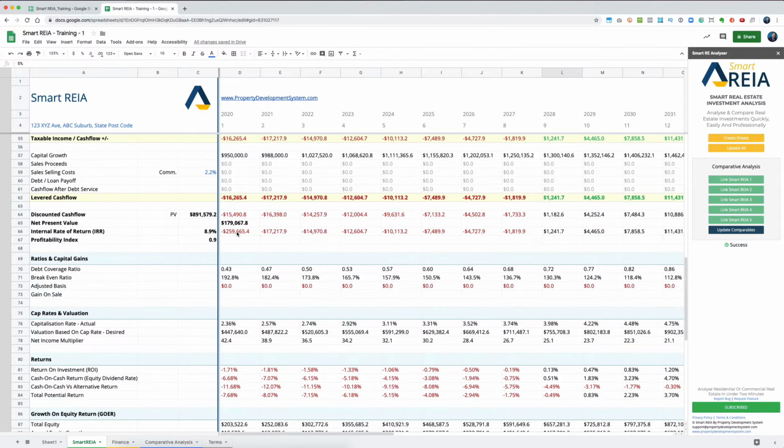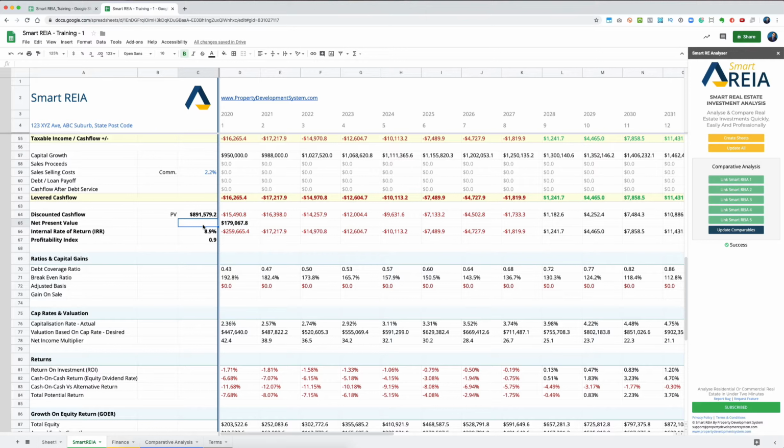So if I explain these things, the discounted cash flow tells you what the future cash flows are worth at a given rate of return, but that isn't necessarily how much you are going to pay for them. This is where NPV actually kicks in.